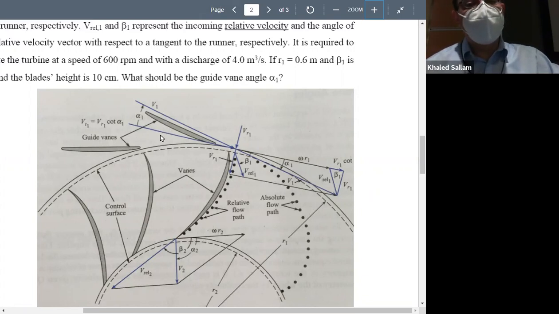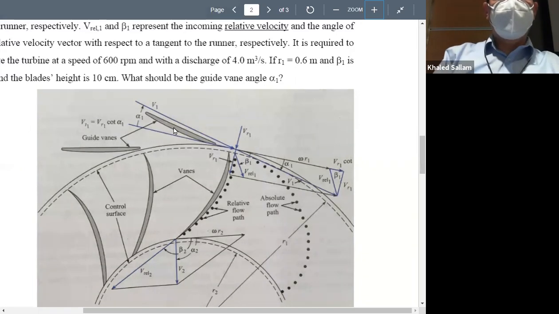Okay, this is alpha. So you draw V1 like this, and this is the U. So U plus V relative equals V1. And he's asking about what this alpha is.